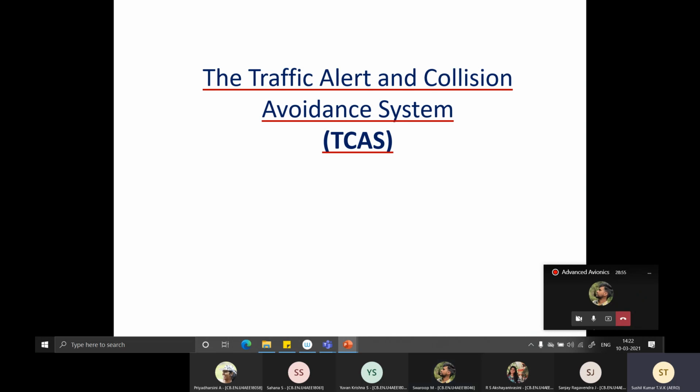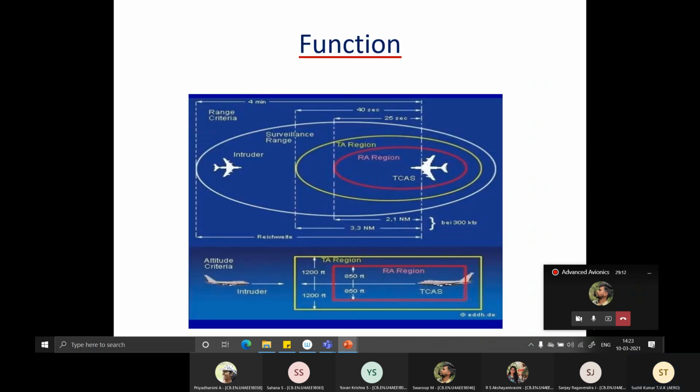Okay. Can you see the next slide? Yes, sir. The last topic in this module is TCAS, Traffic Alert and Collision Avoidance System. This slide we saw in the previous semester also.